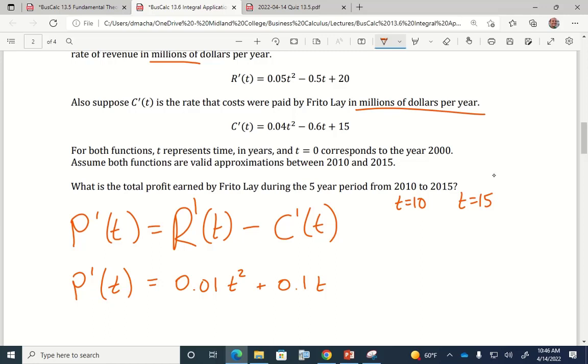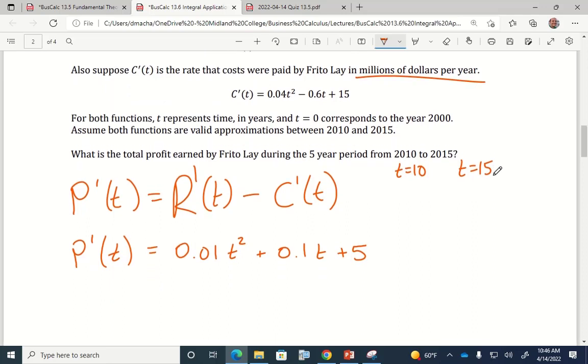So I'm subtracting a negative, which means I'm adding 0.06 to negative 0.05. And then I have 20 minus 15, which is plus 5. And so I have my rate of profit function. This is giving me profit in millions of dollars per year.